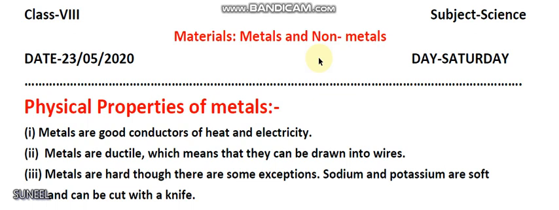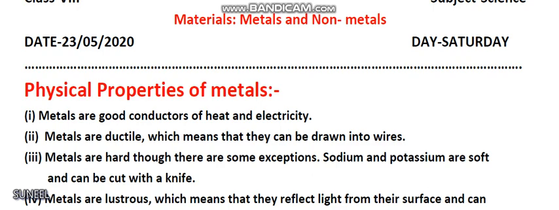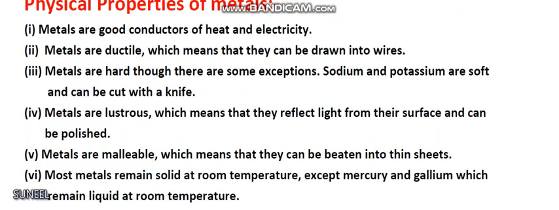Physical properties of metals. Metals are good conductors of heat and electricity. That is, they allow the passage of heat and electricity through them. The second one is that metals are ductile, which means that they can be drawn into wires. Another one is that metals are hard.